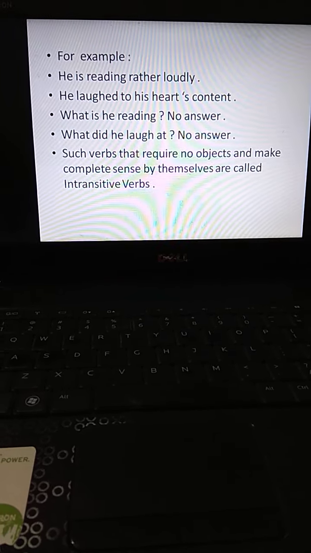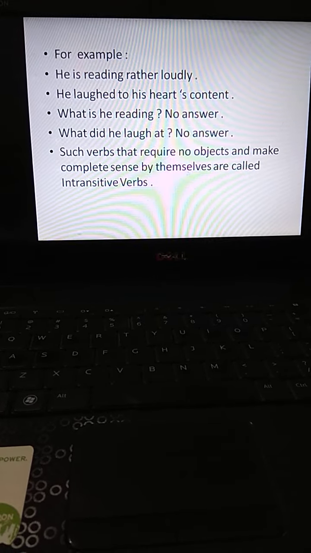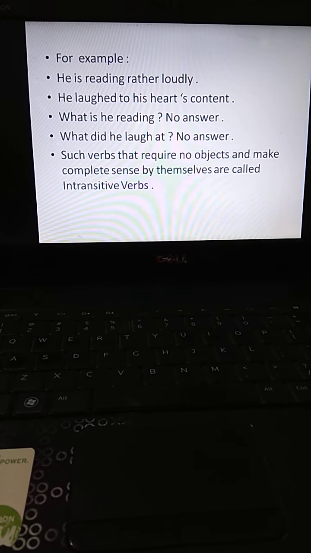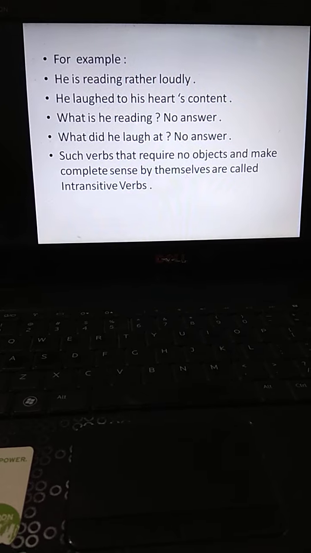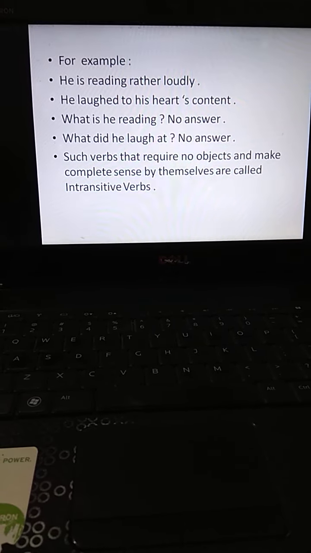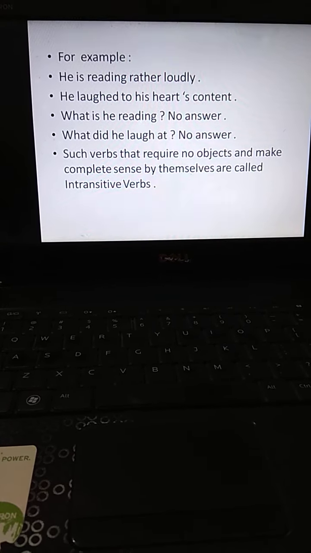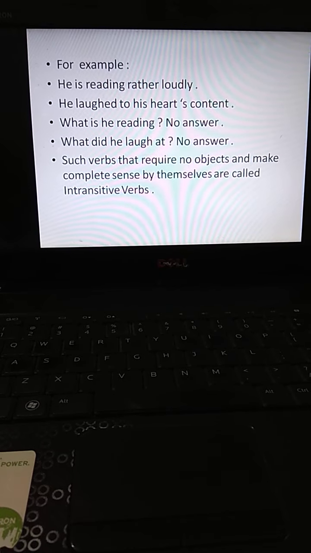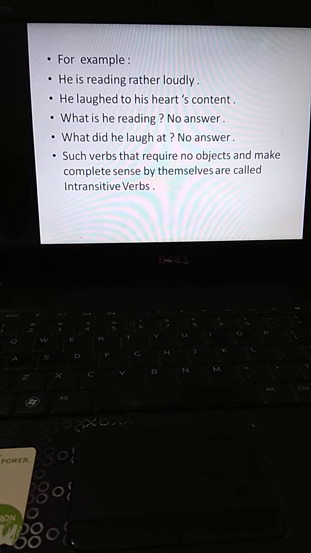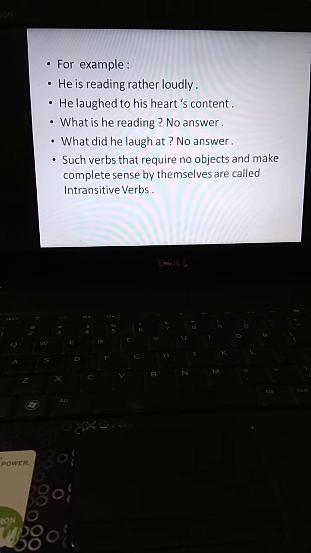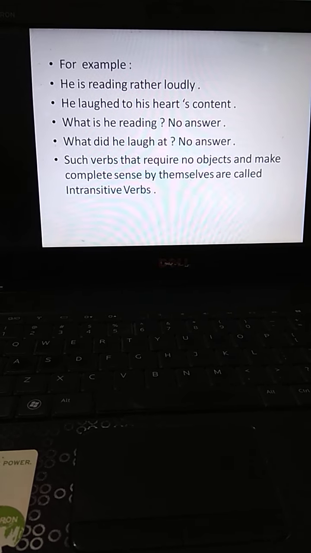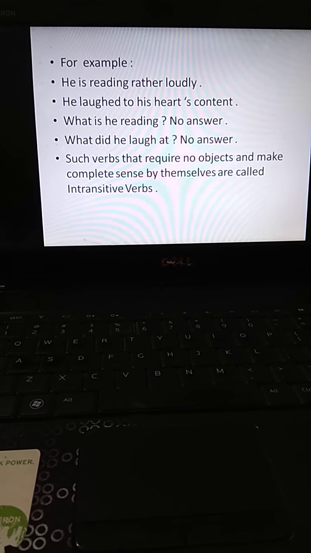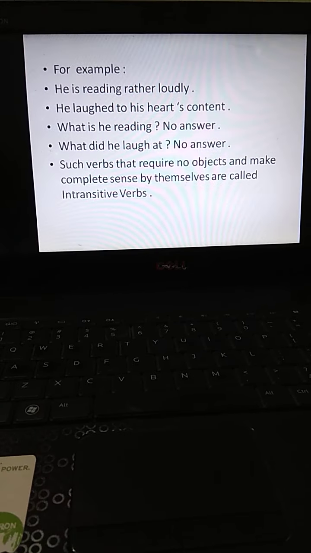So such verbs that require no objects and make complete sense by themselves, in this there is no requirement of objects, are called intransitive verbs.